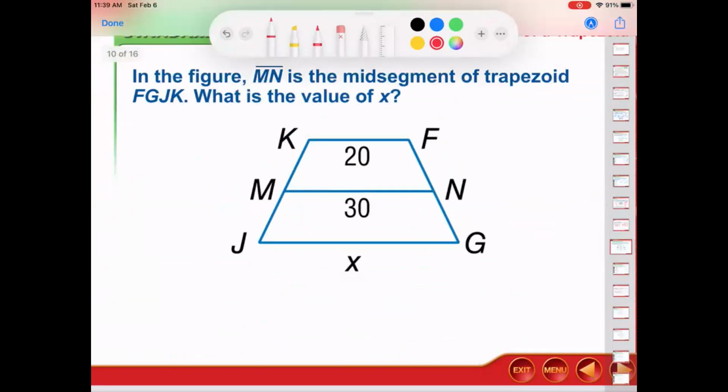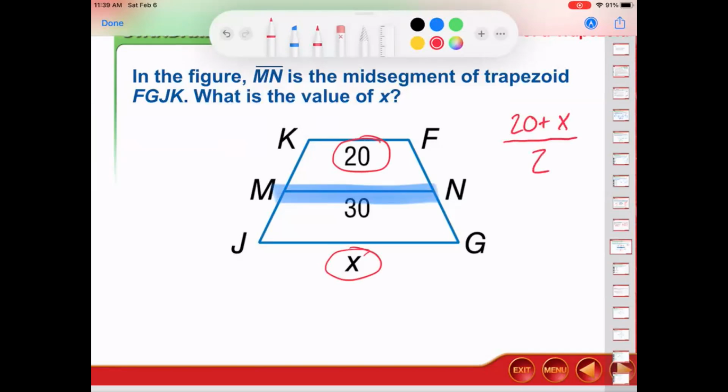So let's give this a shot. First of all, middleist segment in the middle. So we know our littlest segment plus our biggest segment divided by 2 is going to equal that middleist segment of 30.